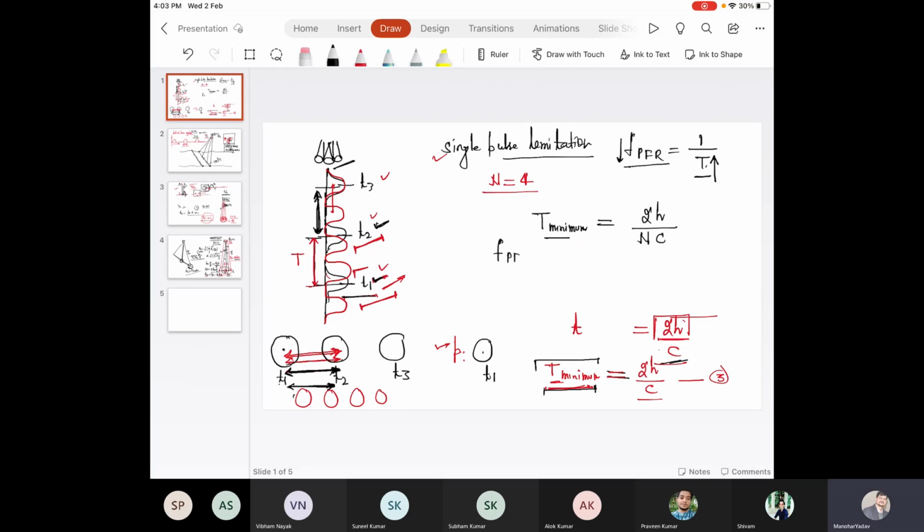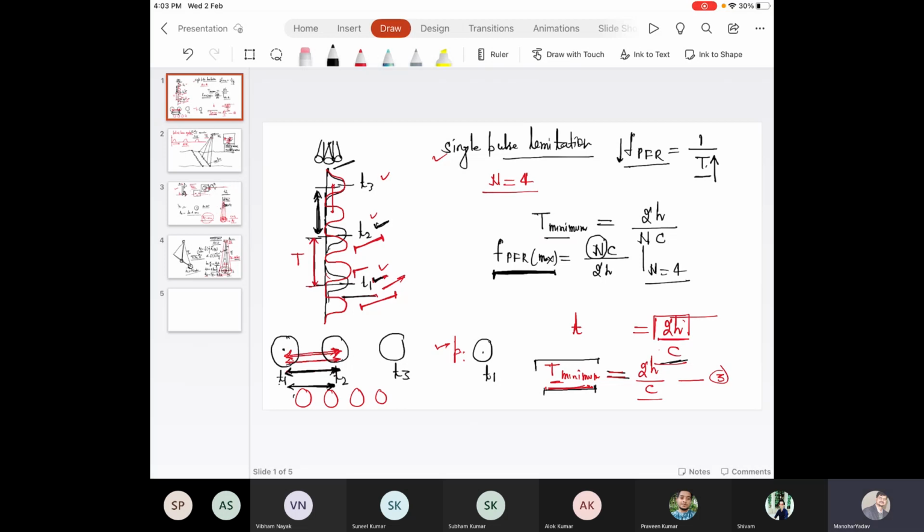The maximum pulse firing rate is equal to NC divided by 2H. So ultimately, it is multiplied n times. Okay, if n is equal to 4, then in case of multi-pulse identification, just see that it is multiplied by the factor.